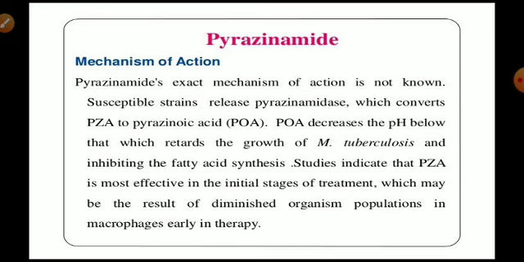Pyrazinamide is converted to pyrazinoic acid, which decreases pH and retards growth of Mycobacterium tuberculosis and also inhibits fatty acid synthesis. This is the mechanism of action of pyrazinamide.